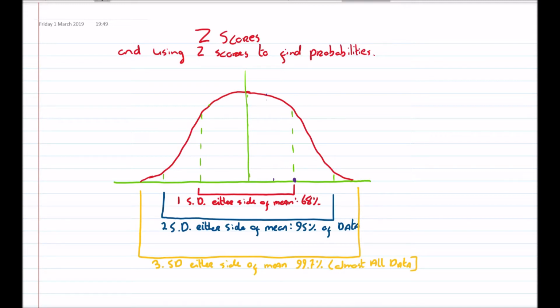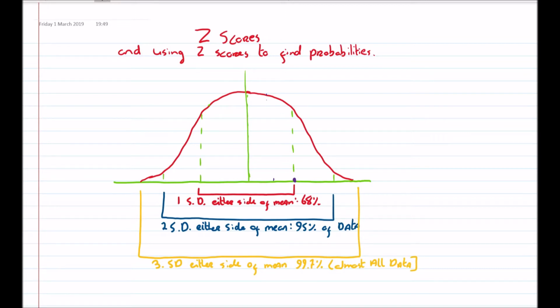What if I wanted to find out the probability of getting data that lies in between these? Well, I can't do it using the empirical rule. I need to transfer these standard deviations into z-scores, and then easily with my log tables I can transfer these z-scores into probabilities. Right?